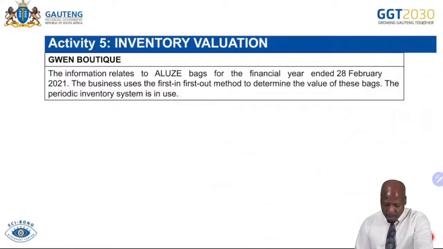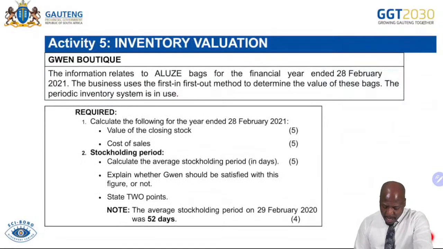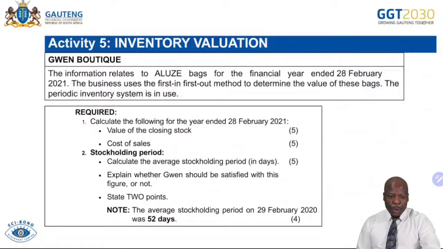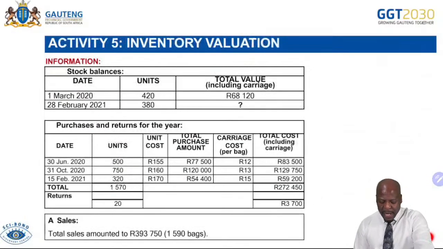Okay, and then we are told that is the information. We're going to use this information to calculate the value of closing stock using the weighted average method.